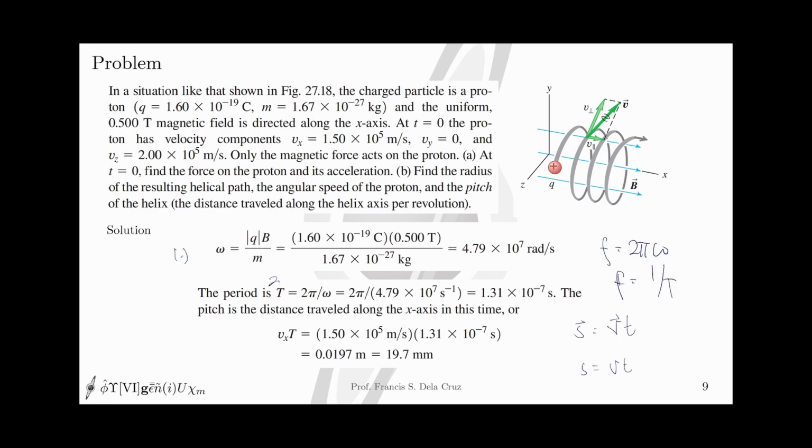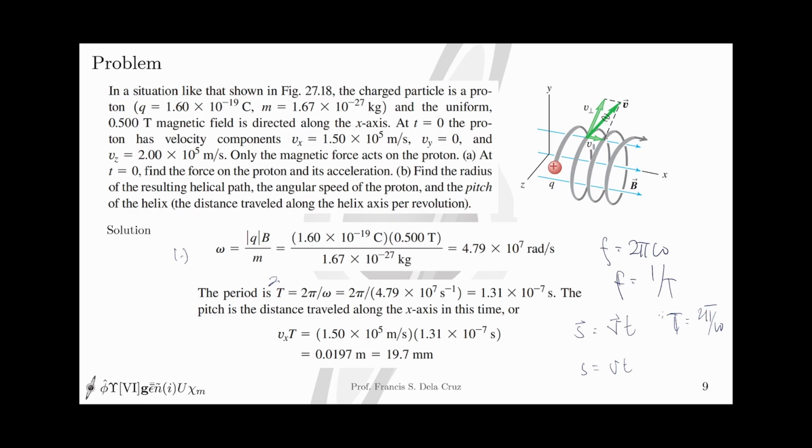So the period is equal to 2 pi over omega. Upon substituting the value of your angular frequency, 4.9 times 10 raised to 7 radians per second, the answer would be 1.31 times 10 raised to negative 7 seconds.